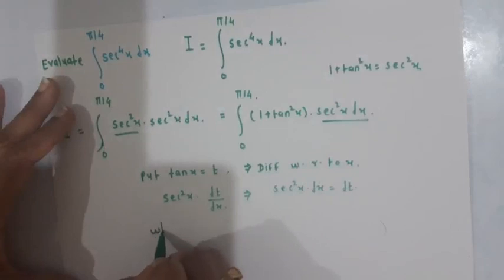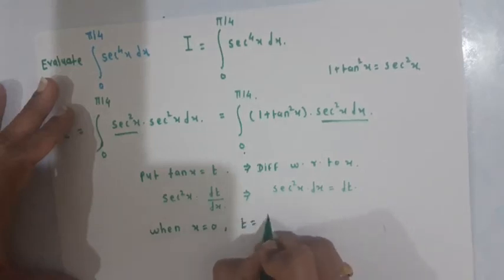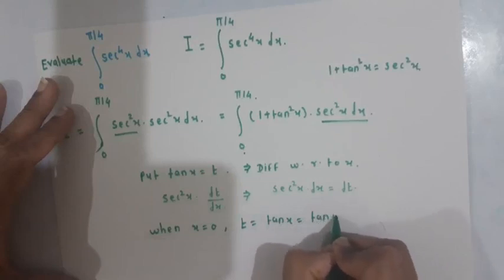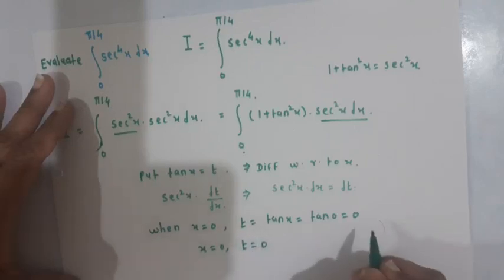That is, when x equal to 0, this is the lower limit, at that time t equal to tan x. Tan x means tan 0, and tan 0 is 0. Therefore, at x equal to 0, t equal to 0.